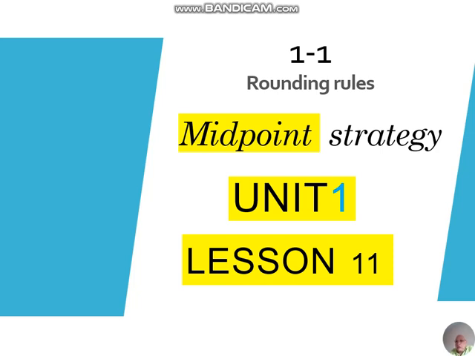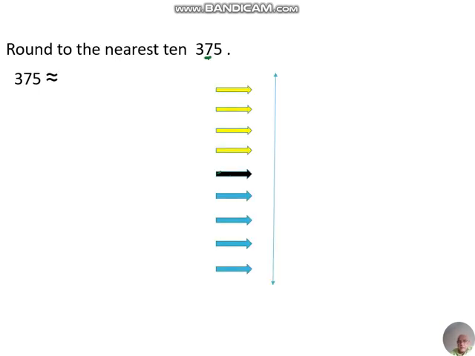The goal of this video is to work on the midpoint strategy, and this is the second rule for rounding numbers. Say, round to the nearest 10. This is the 7 here. 10 means I turn every digit after the 7 to 0.